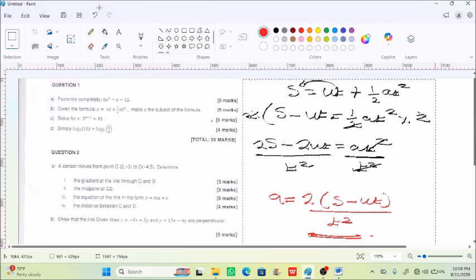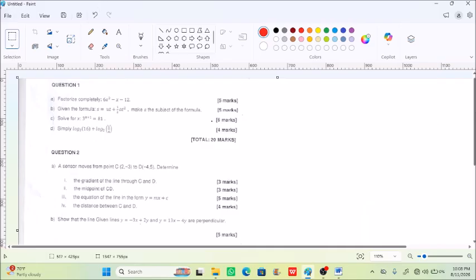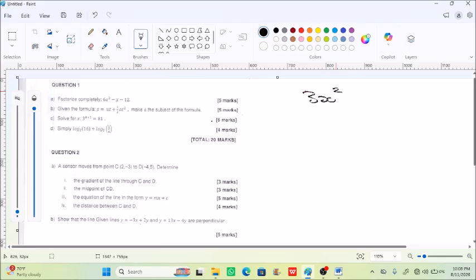The question reads: solve for x, 3 raised to power x plus 1 equals 81. So these are the indices.